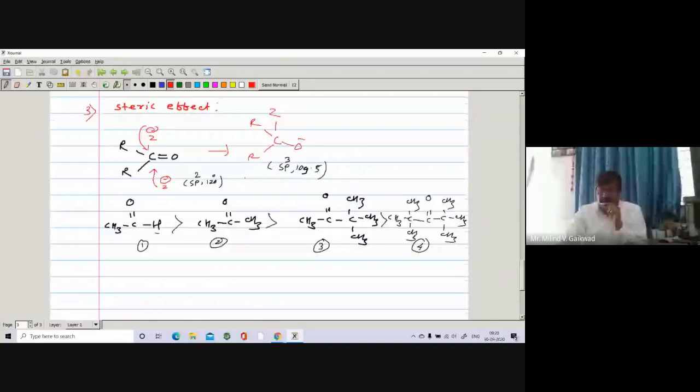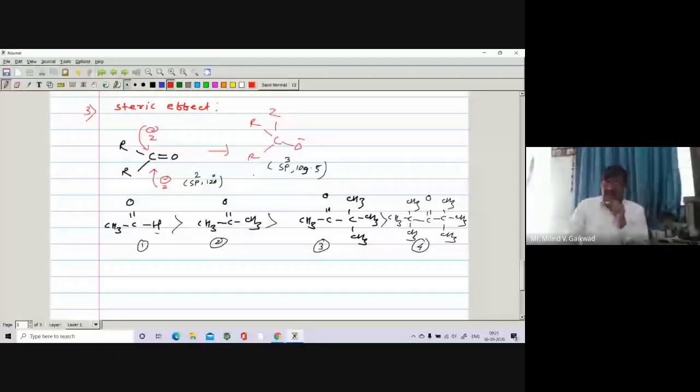So yes, this is what addition reaction is: addition reaction of the carbonyl carbon, what different types of mechanisms are possible for the carbonyl carbon, and the reactivity of carbonyl carbon, right? In this way we have seen this point.